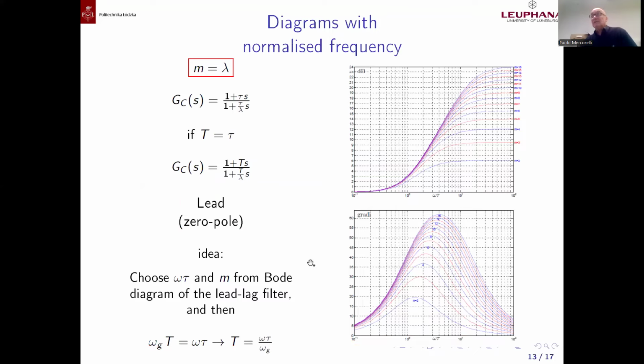When I have MR, I have the phase. The phase is given in radians with this empirical equation. Let me see. Exactly. It's given in radians.